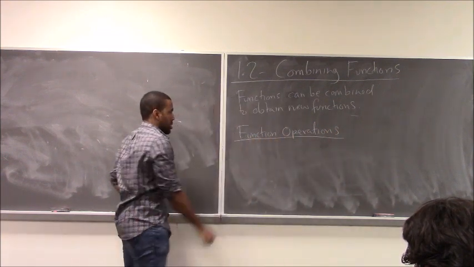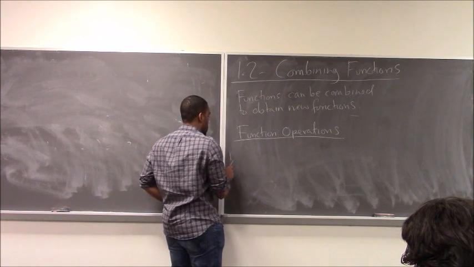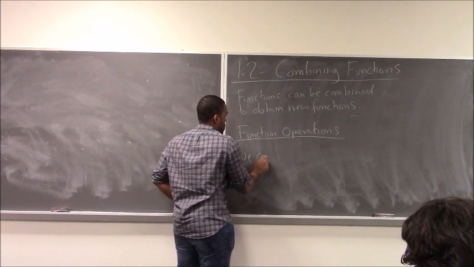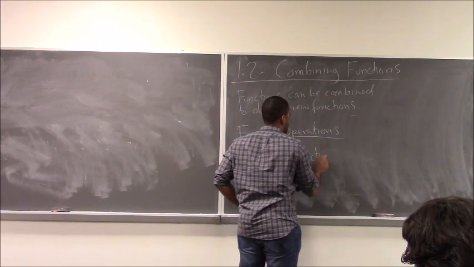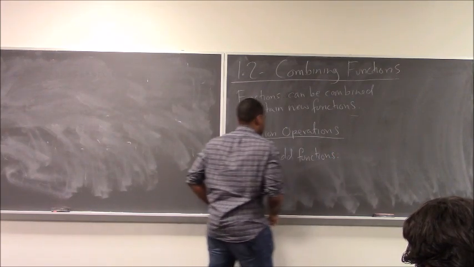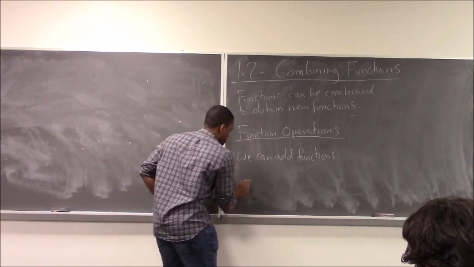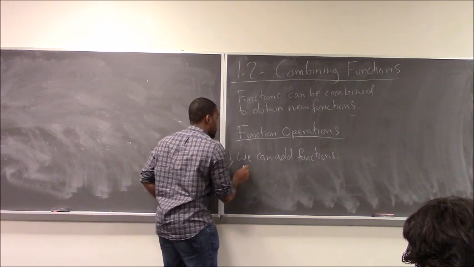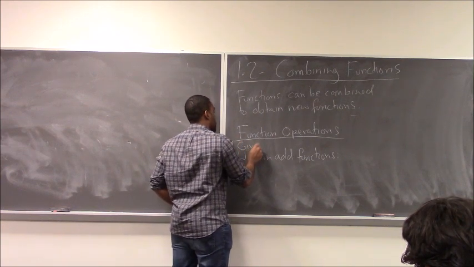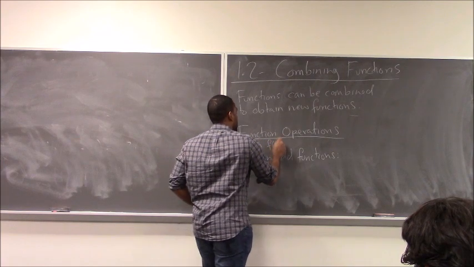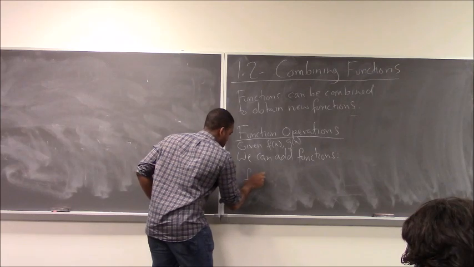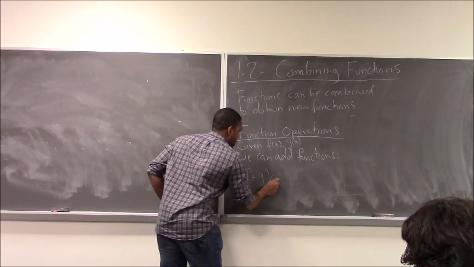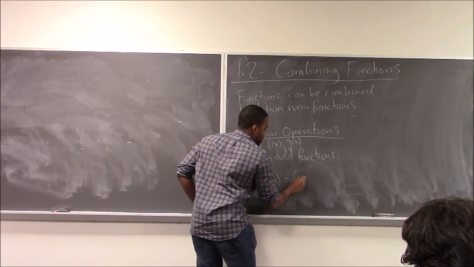Nothing too fancy here. So something like one, we can add functions. And so we can say something like, given functions like f of x and g of x, we can do things like f plus g of x, which is just defined as just adding f.